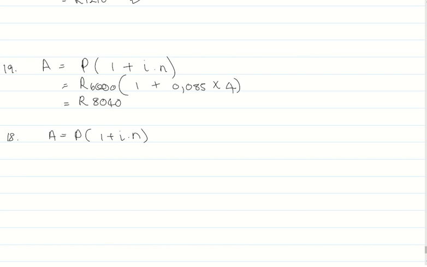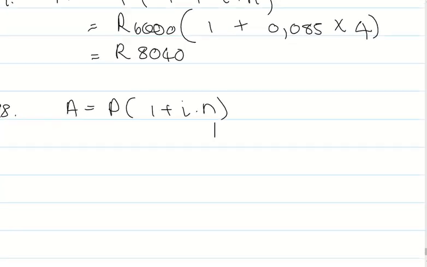The question states: determine how many months an investment of 2,400 Rand takes to accrue an interest of 360 at an annual simple interest rate of 12%. So I take my formula and what is given to me.